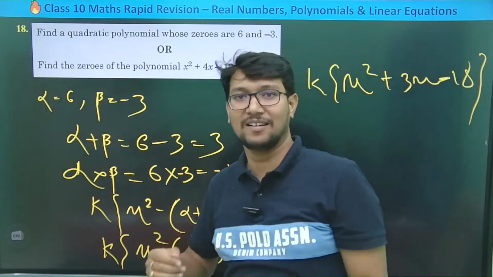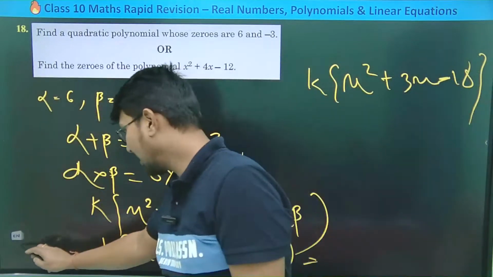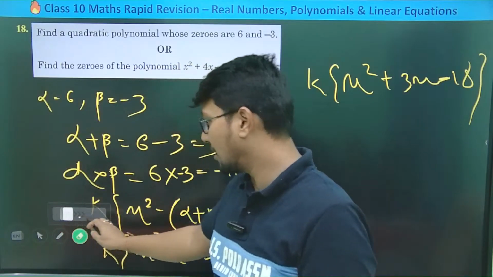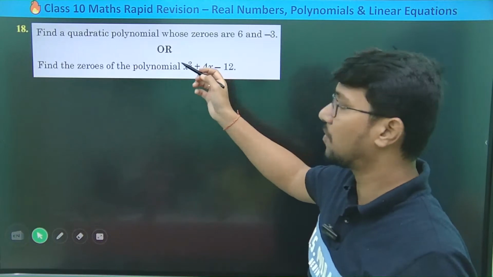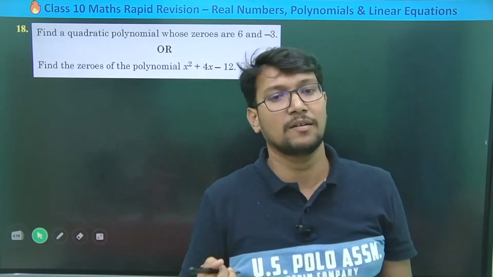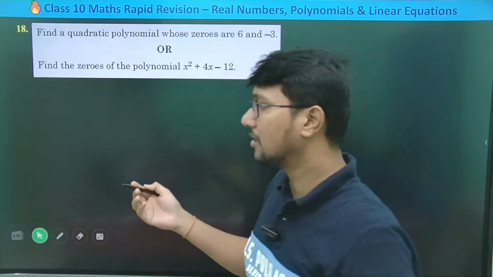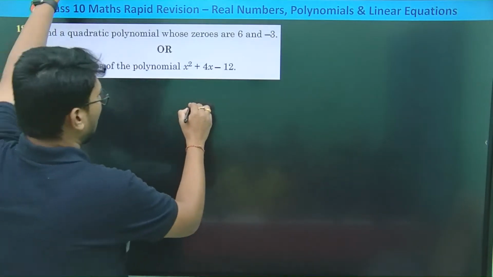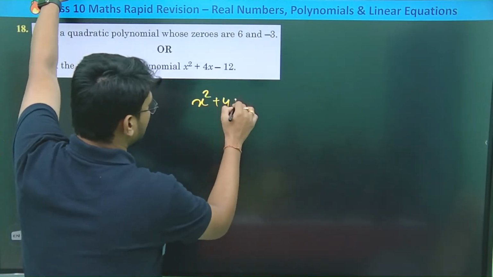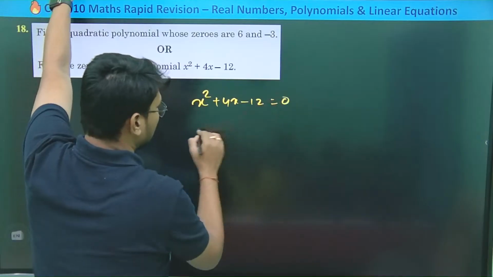Okay, over everyone. Let us move to the next question. Find the zeros of this polynomial. How to find the zeros of a polynomial? By equating the polynomial with zero, not the middle term. That is x square plus 4x minus 12 equals to 0.